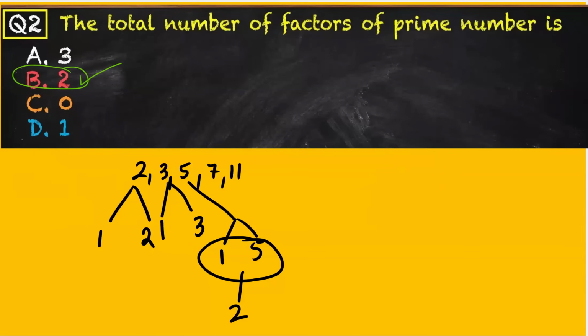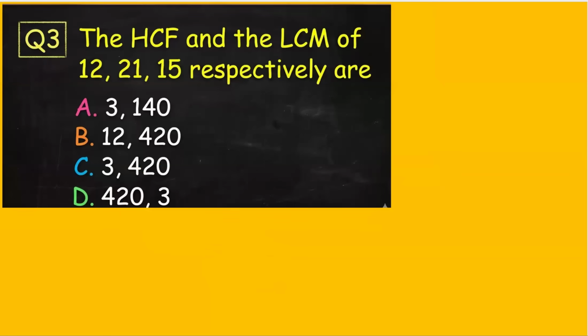So let us look at the next question. Question number 3: the HCF and the LCM of 12, 21, and 15 respectively are. So we need to determine the HCF and LCM. To do that, we need the prime factorization of the given numbers.